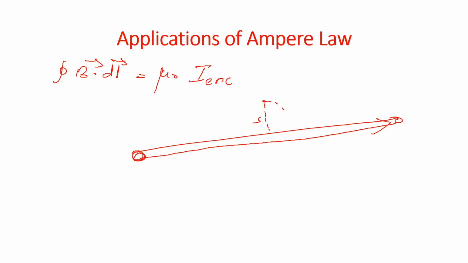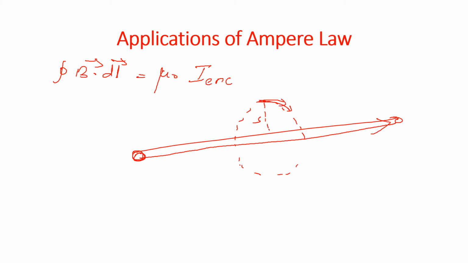If you want to find the magnetic field, what we can do is draw an Amperian loop encircling the current here. So here I took the Ampere loop in the form of a circle concentric with the axis of the conductor. And we know that the magnetic field lines are also concentric circles here. So the magnetic field and the Ampere loop are tangential in this case. Therefore, the angle between them will be 0.